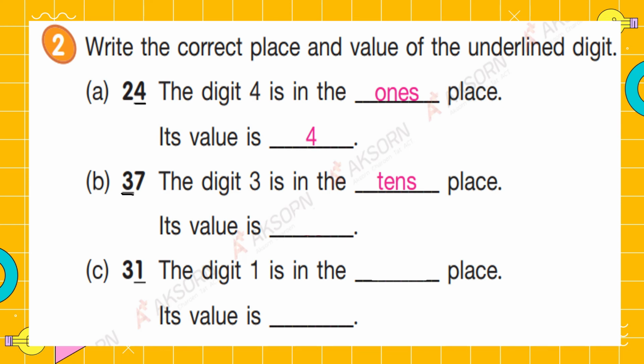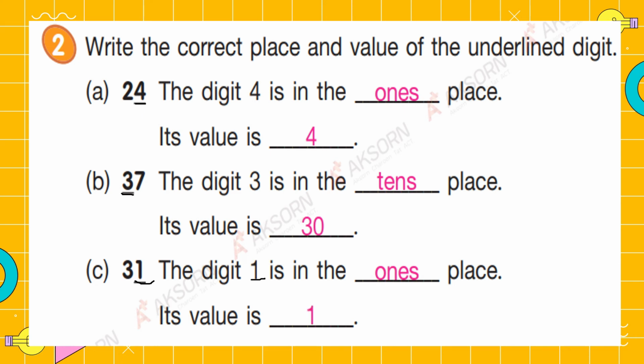So its value is 30. Next, the last number, we have 31. The underlined digit is 1. The digit 1 is in the what place? Its value is 1.